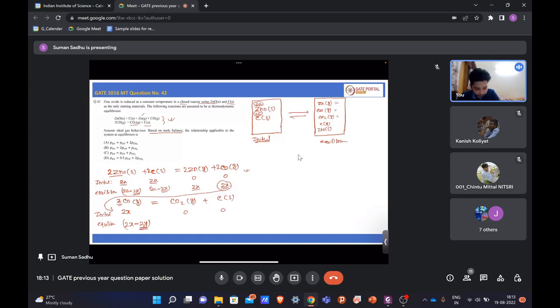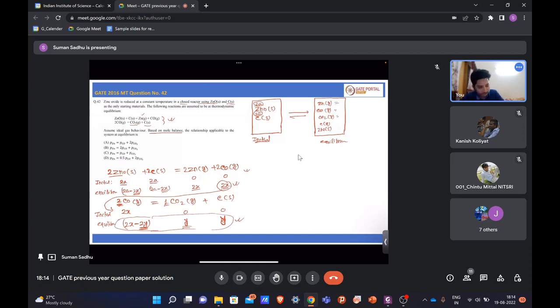If 2y mole of carbon monoxide is dissociating, how many moles of carbon dioxide will form? y mole of carbon dioxide will form, and also y mole of carbon in the solid form, because you can see this is 2, 1, here it is 1. So basically the ratio is 2 is to 1. If 2y mole is dissociating, y mole of CO2 will form. Now we have the number of moles present at equilibrium, for this reaction and for this one.